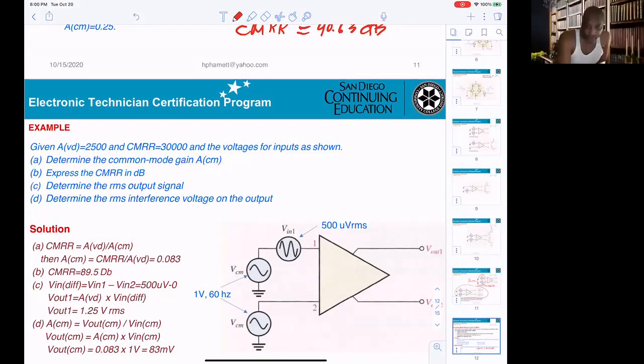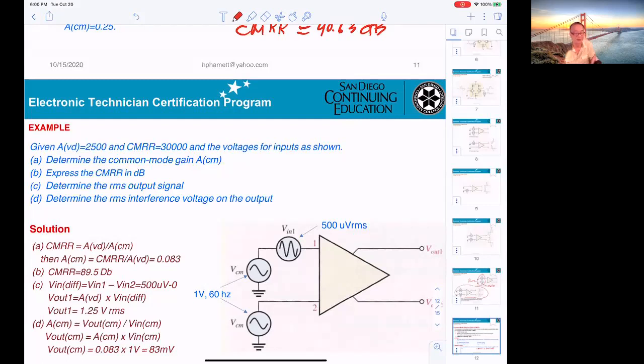Okay. Now, when they go into the amplifier, what happens? First thing, the amplifier will try to delete the 1 volt 60 hertz, that common mode. Rejection. They try to remove that out. So that's why you can see your input 500 microvolt.